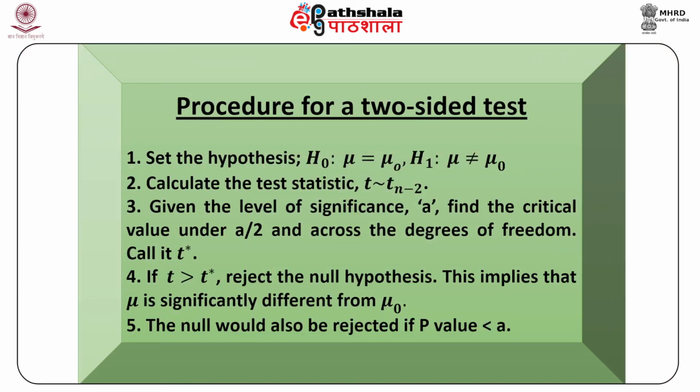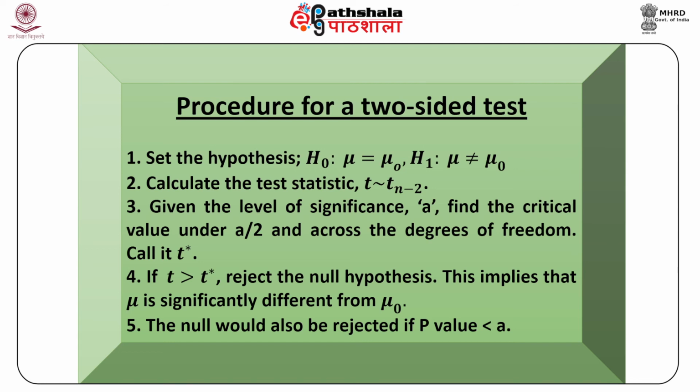The procedure for a two-sided test is as follows. The first step is to set the hypotheses: the null hypothesis mu equal to mu 0, and the alternative hypothesis mu not equal to mu 0. Then calculate the test statistic T, which is distributed as t with n minus 2 degrees of freedom. The third step is, given the level of significance alpha, find the critical value under alpha by 2 and across the degrees of freedom.